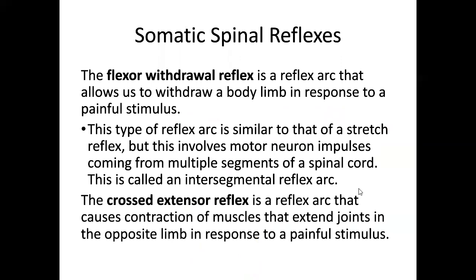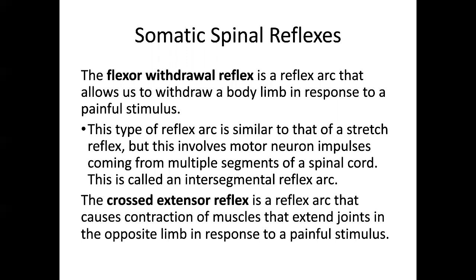Our last two somatic spinal reflexes I want to talk about together, because they go together. The first one is that same reflex we've been talking about and was also in the video that we watched, where the little girl touched the hot stove or the hot pan, whatever it was.